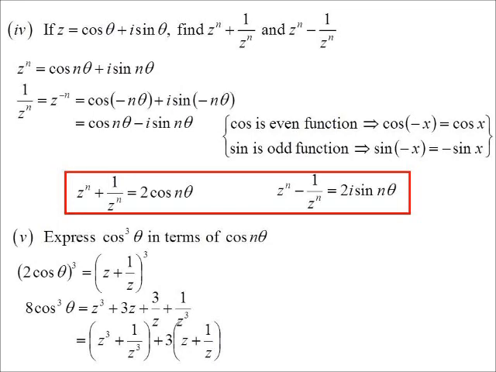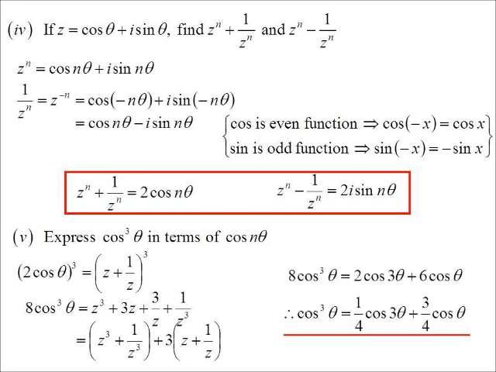Now, the beautiful thing with binomials is you get that symmetry with the coefficients. If you group them together, you get that pattern again. So there we go. z cubed plus 1 on z cubed plus 3 lots of z plus 1 on z. And then we use the idea again. Well, z cubed, now n is 3.